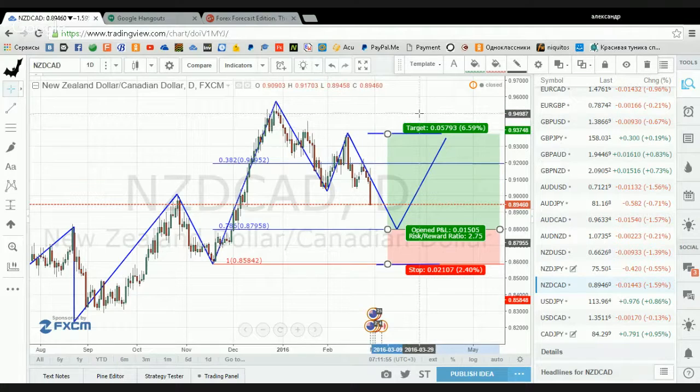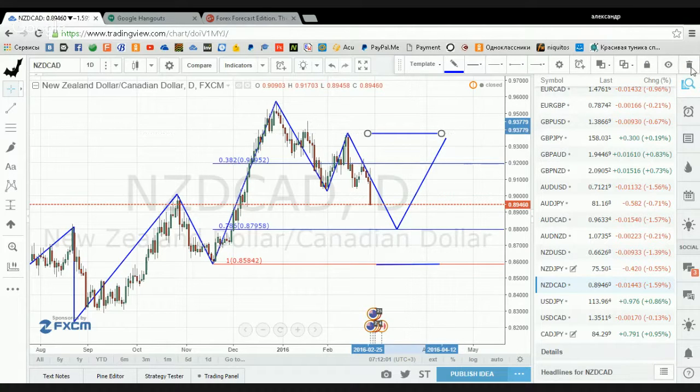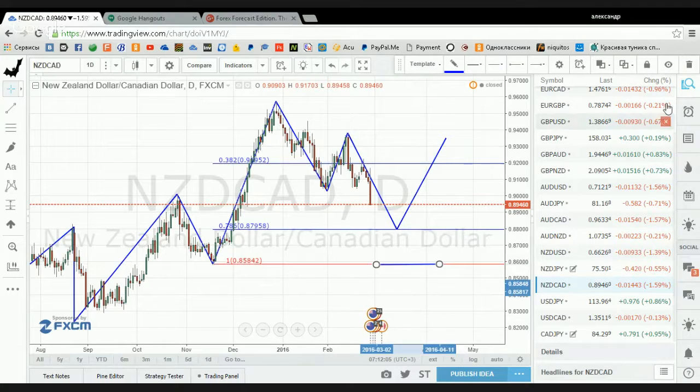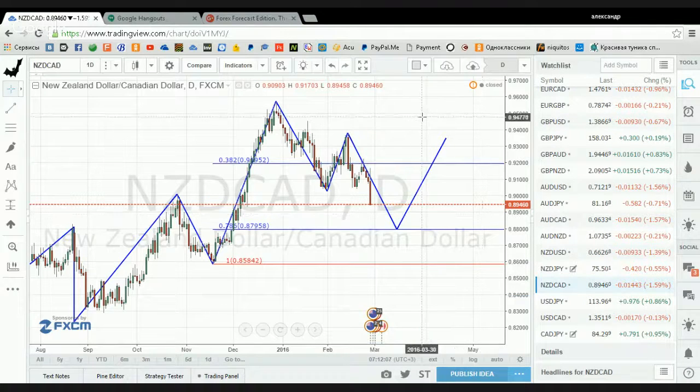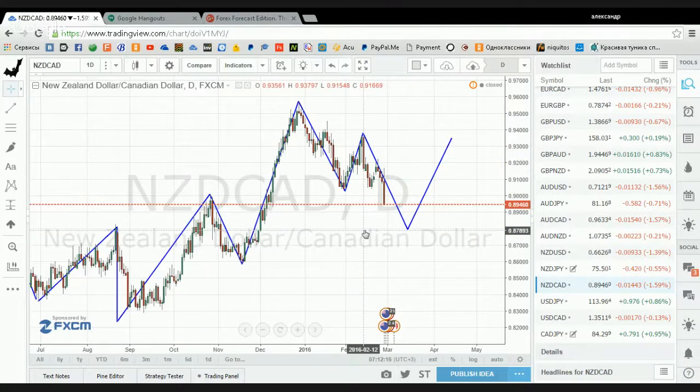These particular setups are usually 50 to 55% probability. Not the highest probability ever, but it is enough. If you have that kind of risk reward, having 50 to 55% probability, you will generate lots of money in the end.